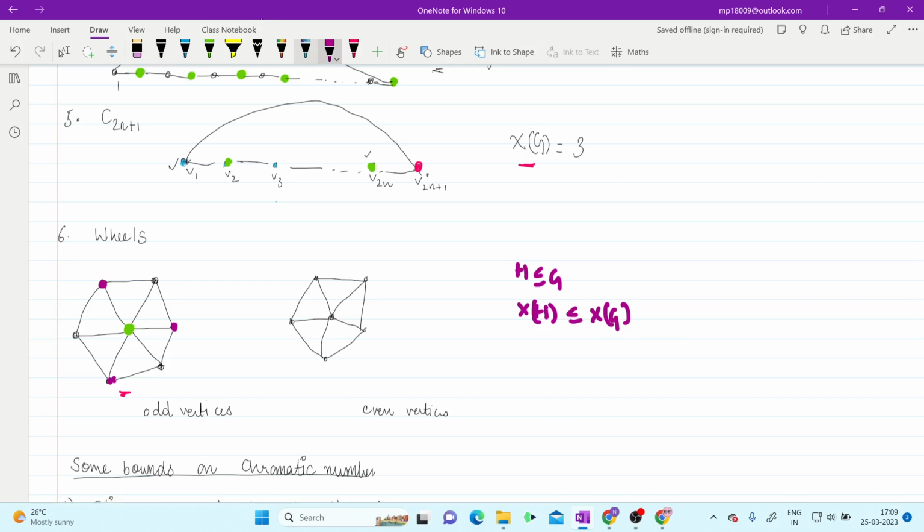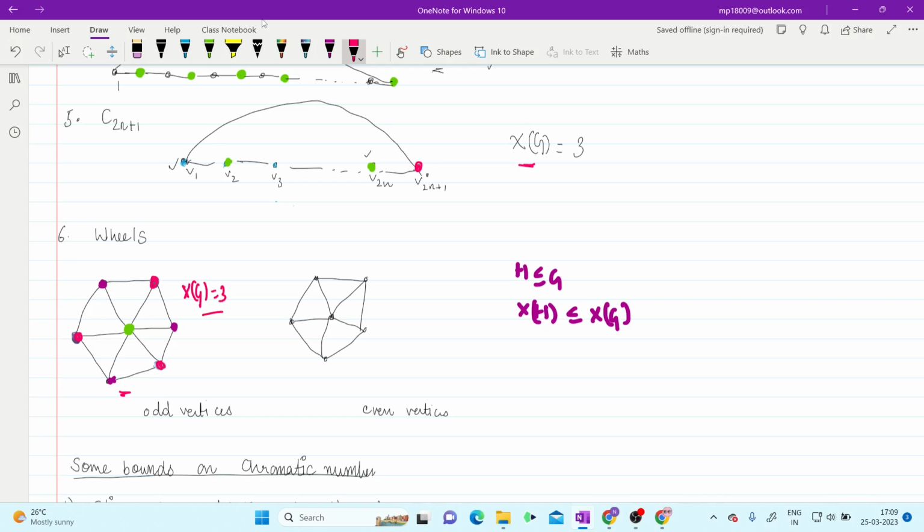As previously, we color the alternate vertices, but now we have another vertex attached to all the vertices. So we cannot give it blue or purple. We have to give it a different color, which is green. So the chromatic number of this will be 3.